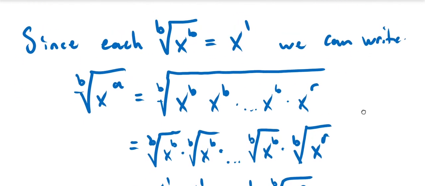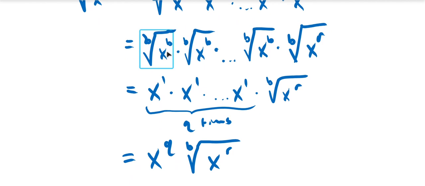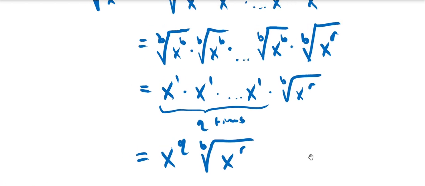And each one of those, we can distribute the radical, and each one of those turns into a single x. X times itself, q times, that's what x to the q means. And this x to the r, well, the remainder is always less than the divisor. And so this cannot be reduced, and it stays just like this. So this is the formula that I put in the critical notes, but this is why it is.